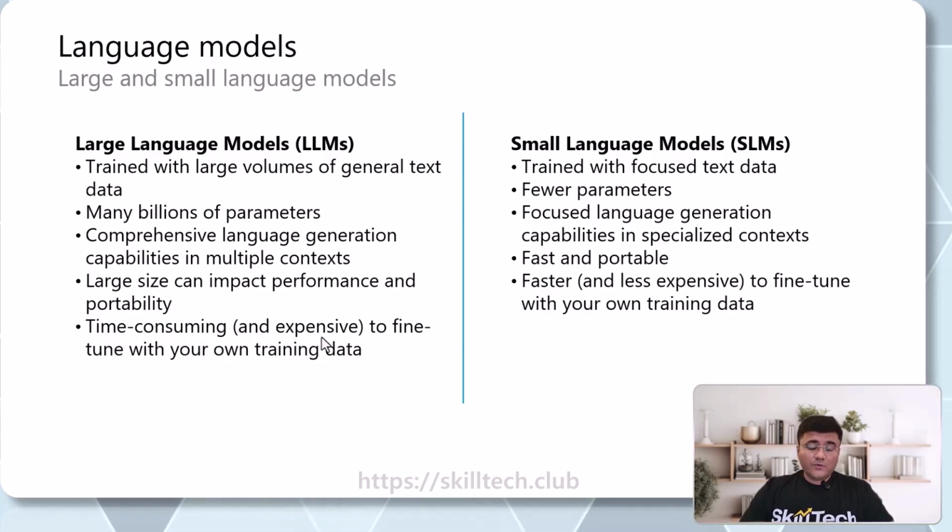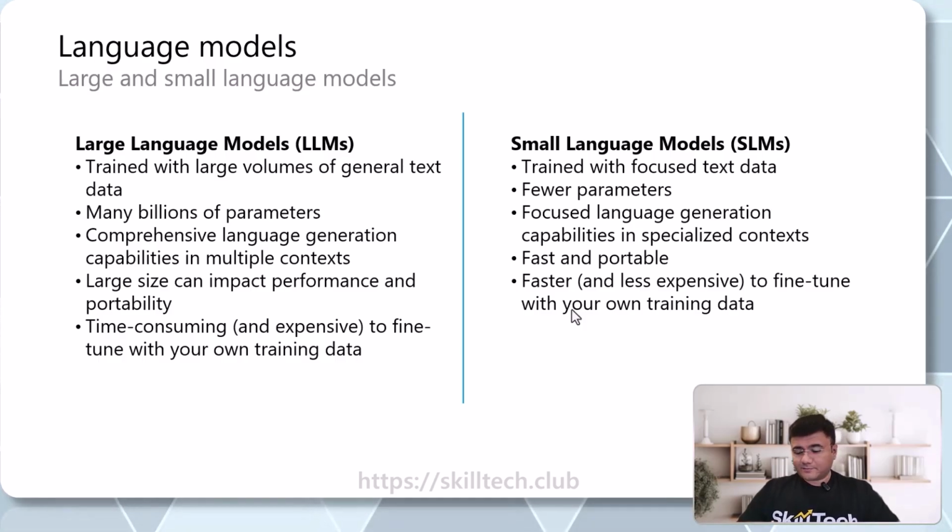Yes, it takes a few days to train the large language model, which is obviously going to be expensive because you have to run your compute clusters continuously to train that large language model. On the other hand, small language models are going to be faster, portable, and less expensive to fine-tune with your own training data. Now, obviously, as I said, do not come to a conclusion that I'm going to go with a small language model or maybe I'm going to go with a large language model only. It depends on the context. It's not that easy a choice, okay? It's even tougher than making a career choice.